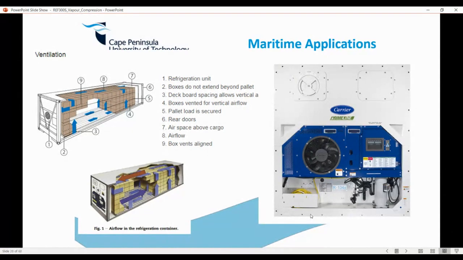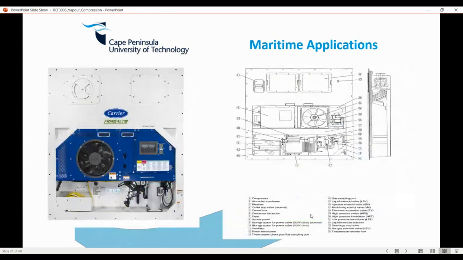refrigerated containers, one must be aware of how you structure, how you place your cargo, so to say. There's a nice video actually on that, particularly on the reefer containers and how they get the airflow right and all of that. Those are the essential components, and obviously we don't go into so much detail when we look at all this kind of stuff here.